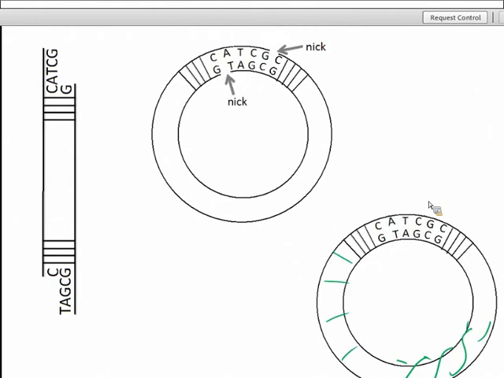If you start twisting it, it will start to supercoil upon itself. Any questions up through here?